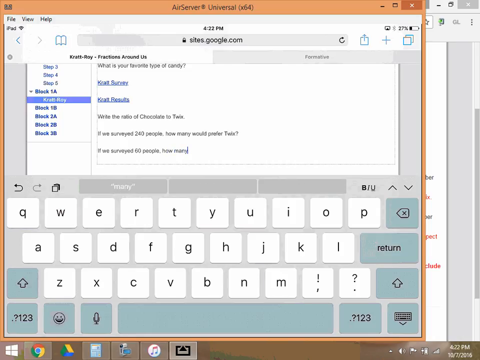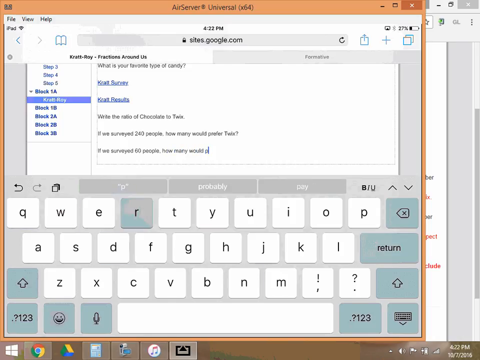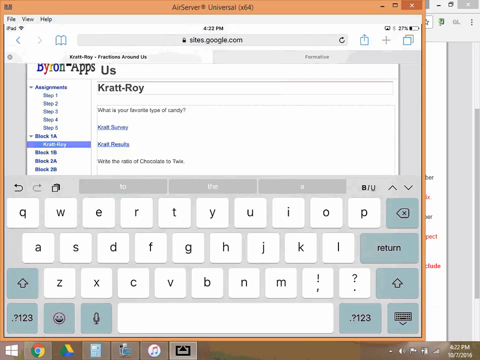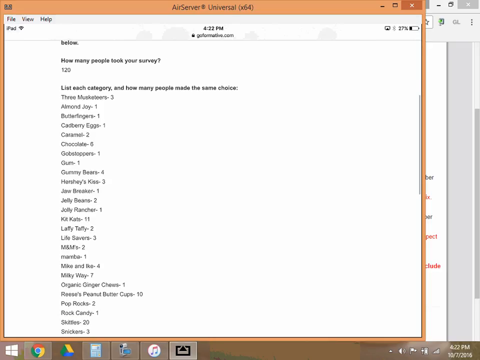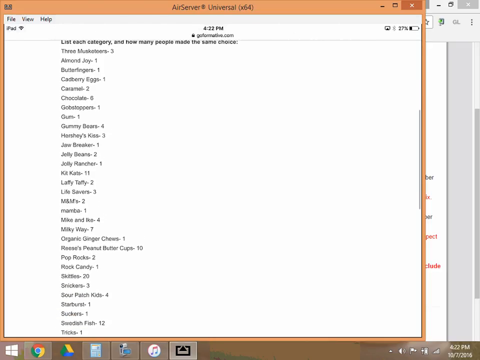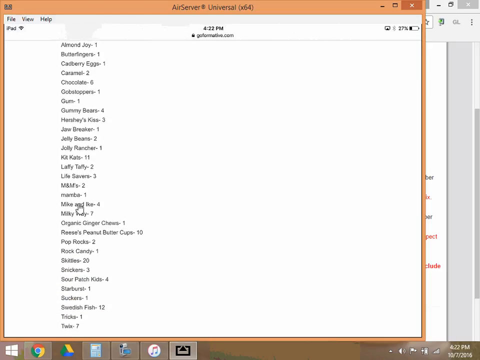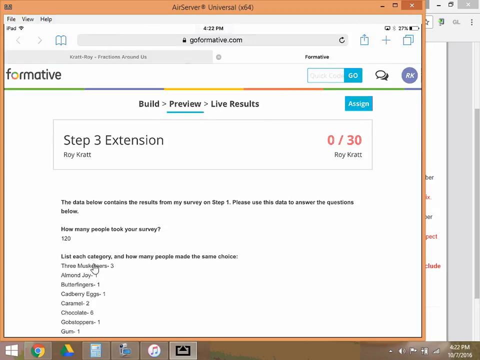How many would prefer? Now, in this case, since you're going to have to divide by 2, I want to find an even number. So Skittles is an even number of 20. So I'm going to go ahead and use Skittles. Okay.